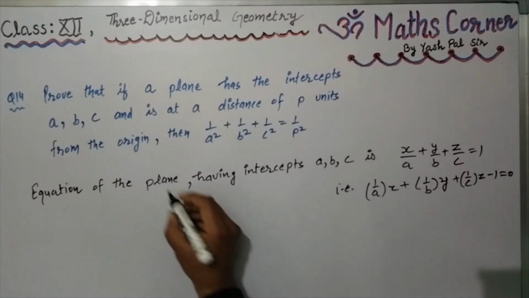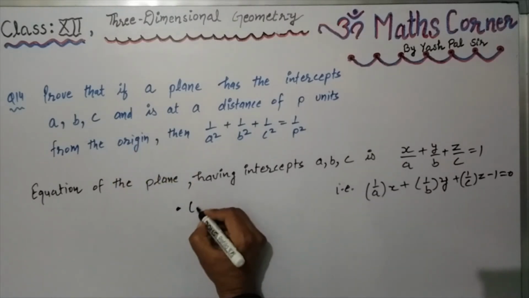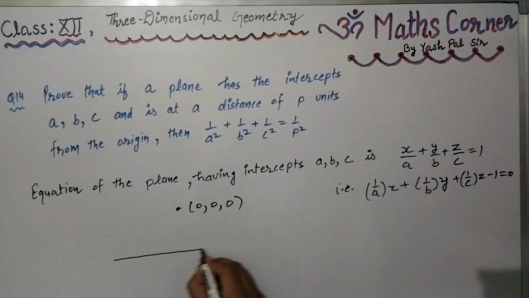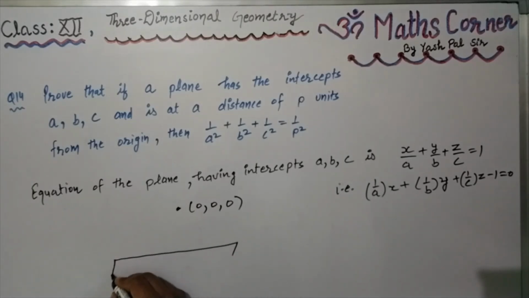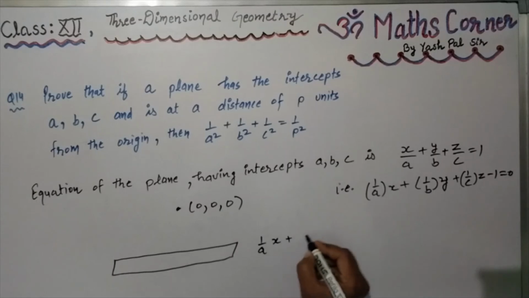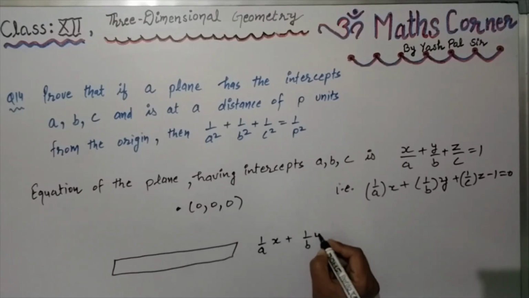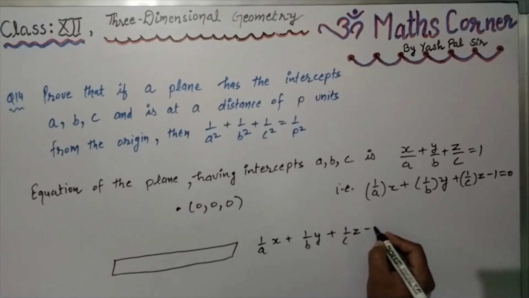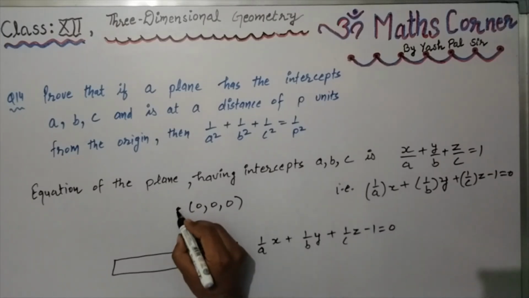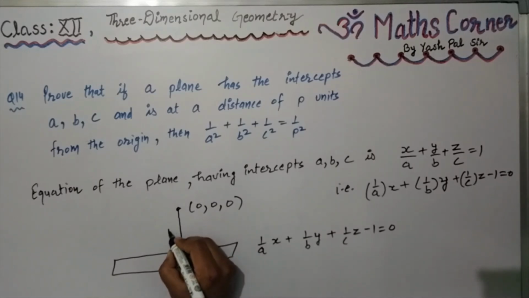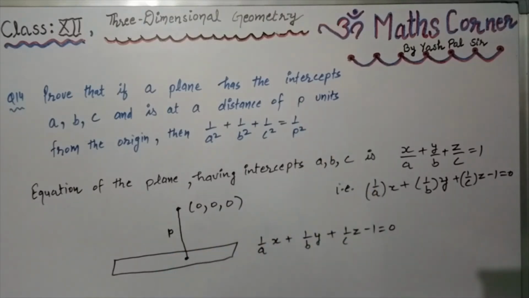So similarly, suppose this is the origin, 0 0 0, and this is the plane 1 upon a into x plus 1 upon b into y plus 1 upon c into z minus 1 is equal to 0. So the perpendicular distance is p units.